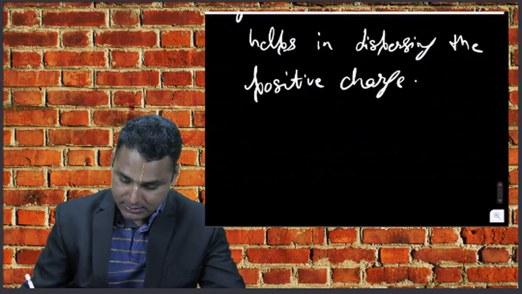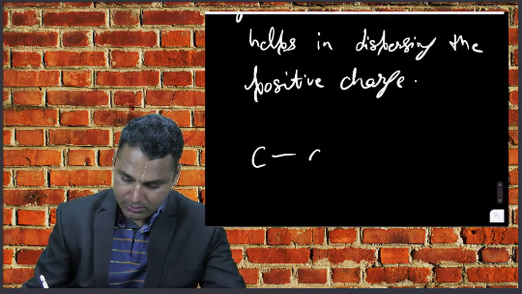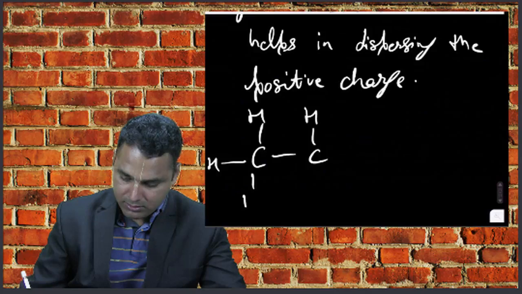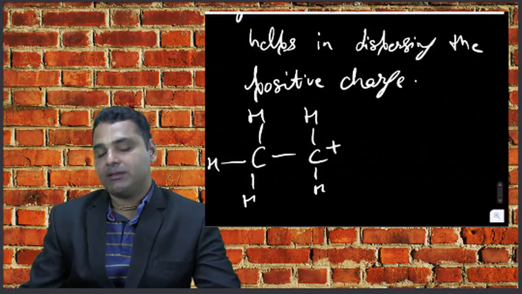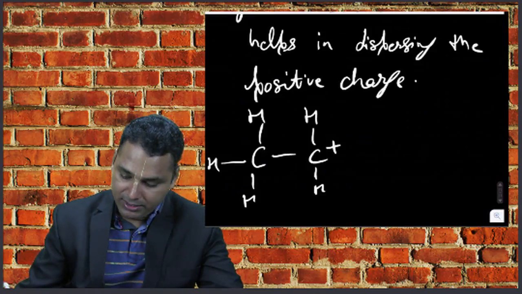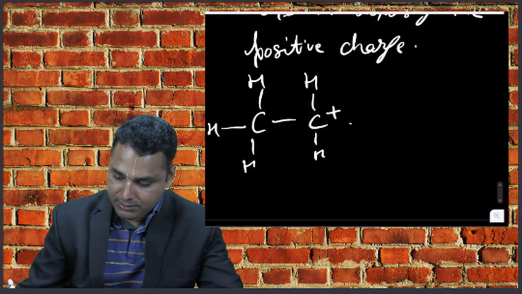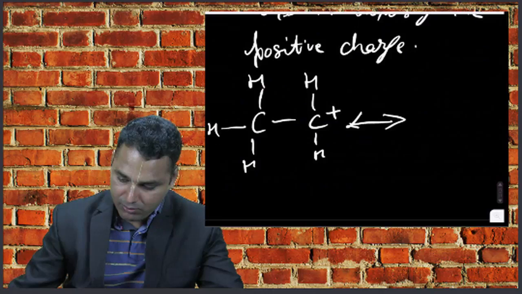See, carbon carbon single bond, then this one. Now this is the carbocation; this carbon atom has the positive charge. Now the delocalization will happen. How? Now the double bond.